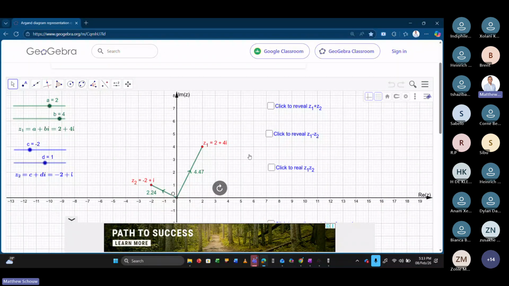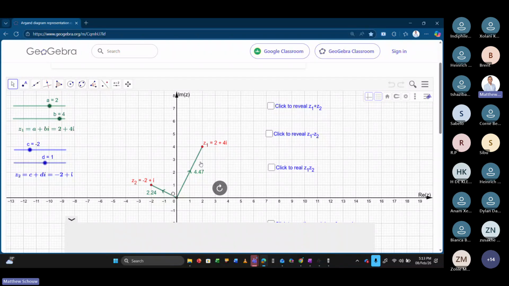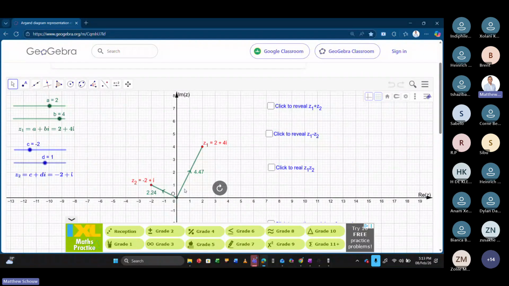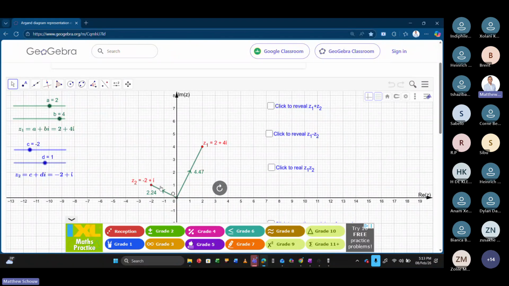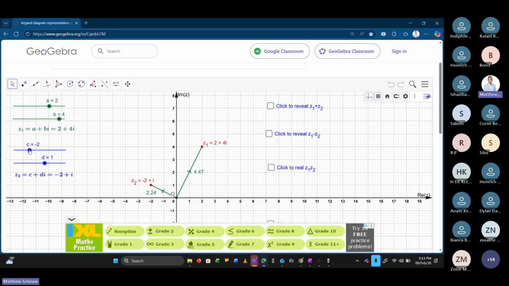Just to show you what complex numbers look like, this is where the next tutor is going to come in on the Argand diagram. It's fairly easy. Assuming I have 2 complex numbers, let me define this one a bit better in the positive quadrant. I want it to be positive.